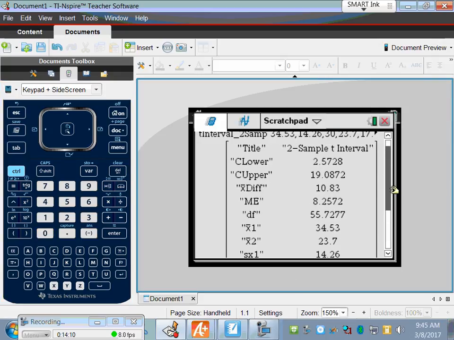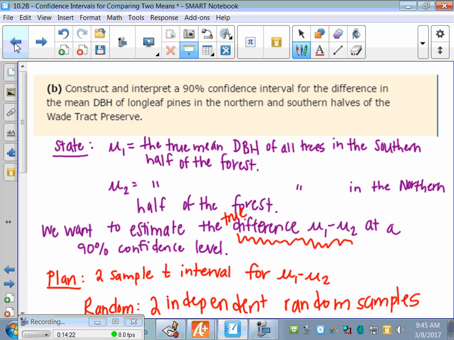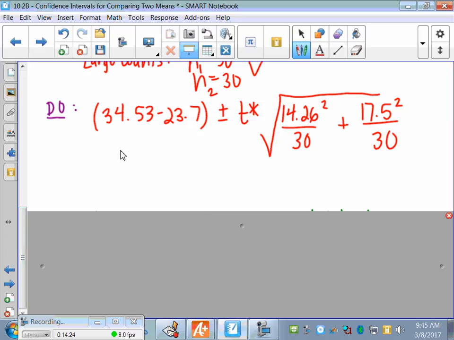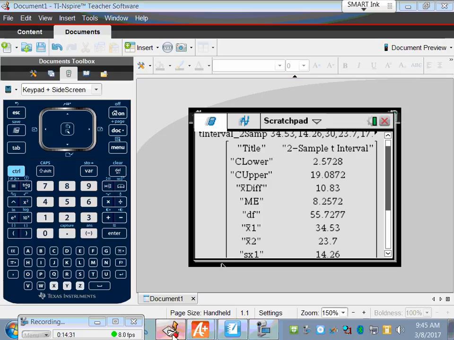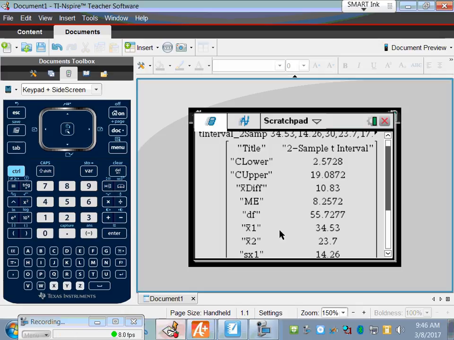All right, so the answer we're trying to find is this interval right here, from 2.573 to 19.087.